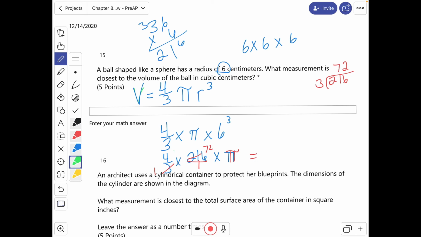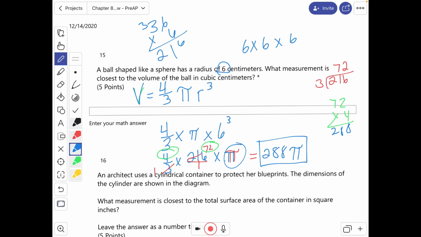And then 72 times 4, 288. Still, don't forget the pi symbol. 288 times pi, and you can leave the pi symbol. You could also multiply times 3.14.